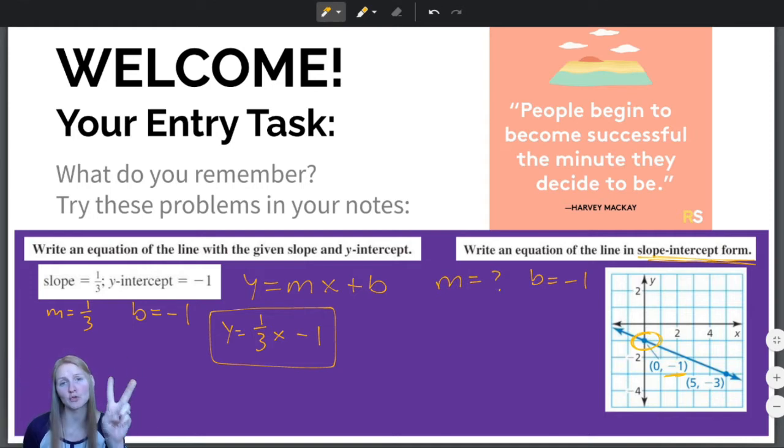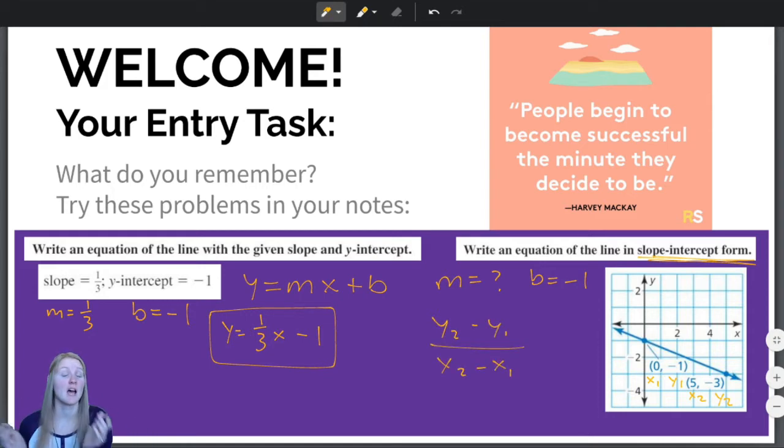So remember, there are two ways that we can find out what m is. The first is to take x1 and y1, x2 and y2, and do y2 minus y1 over x2 minus x1. That is the first way we can find the slope. The other way is that we can count.